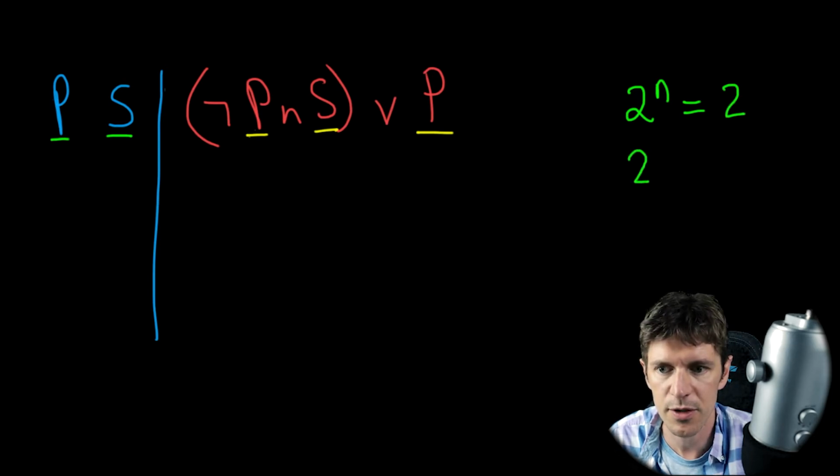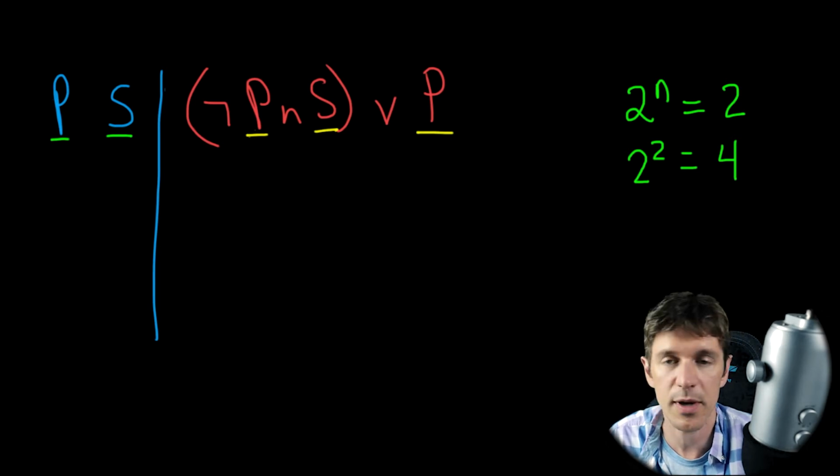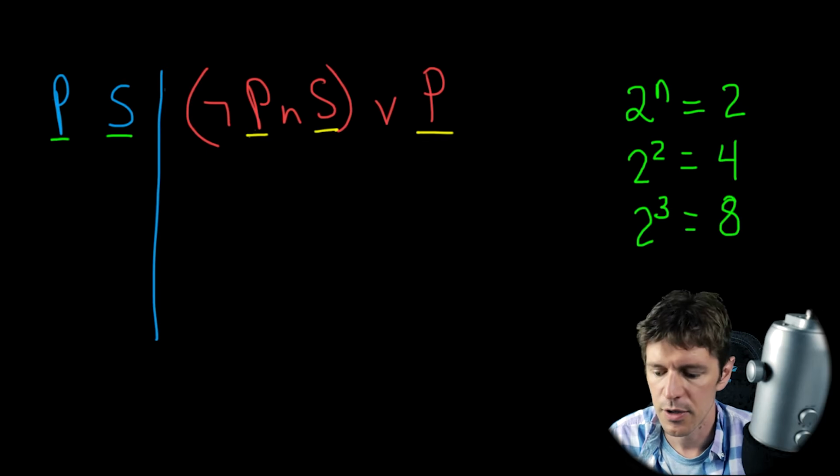In our case, we have 2 to the 2, where n is equal to 2, and so we're going to need 4 rows. If we had 3 propositional letters, let's say we had P, S, and R, then we would have 2 to the 3, and so we would need 8, and so forth. Whatever number of propositional letters you have, you'll input that number into n, and that will tell you how many rows you need. So in our case, remember, we're going to need 4 rows here.